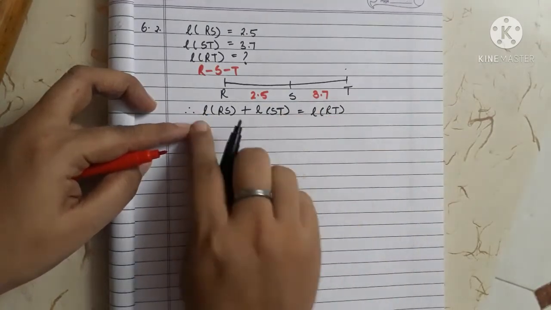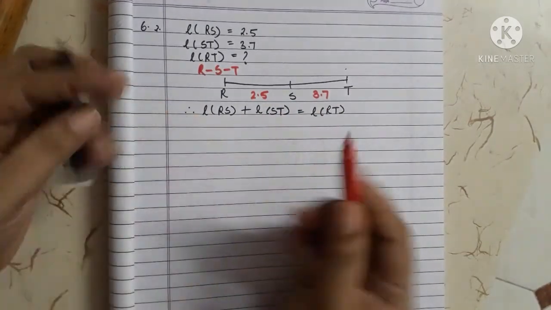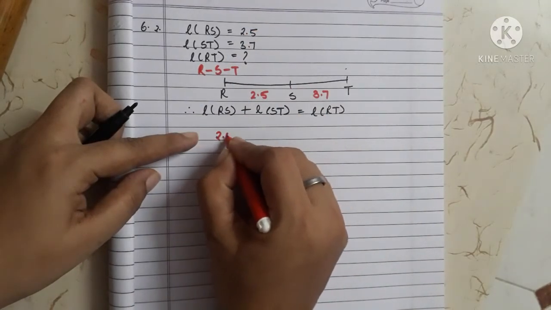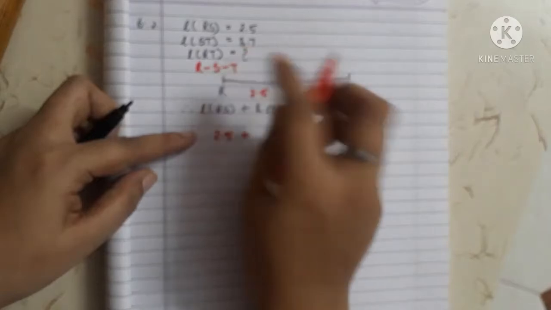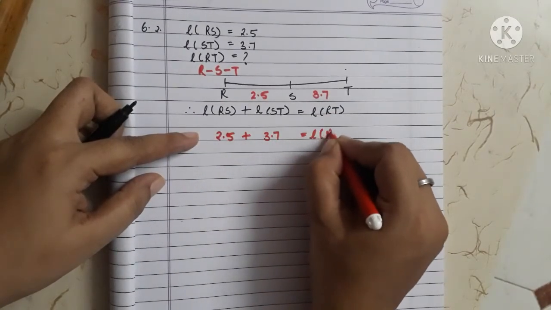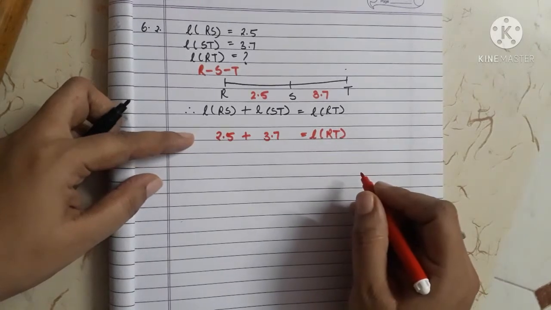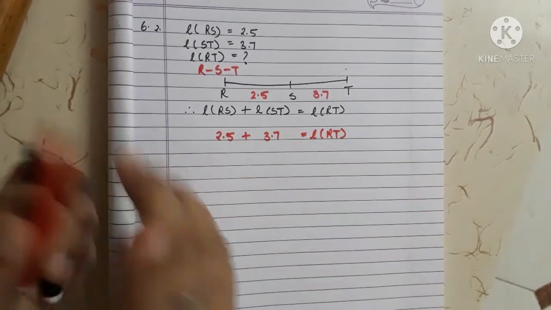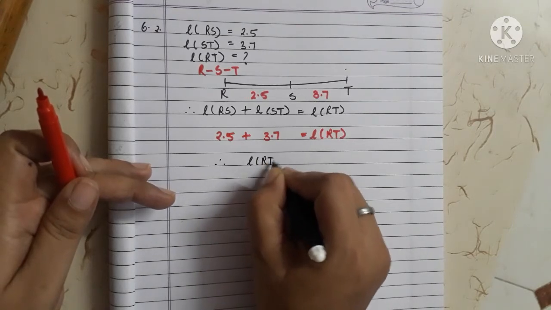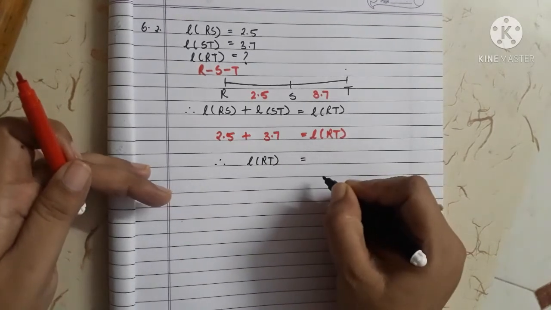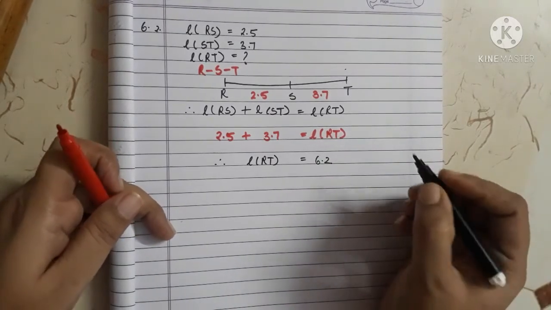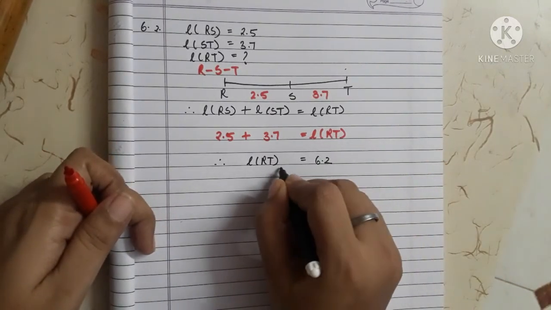Now whatever values we have, I will substitute here. So RS is 2.5 plus ST is also given 3.7, that is equal to length of RT. Therefore length of RT is equal to 6.2. So this is your answer.